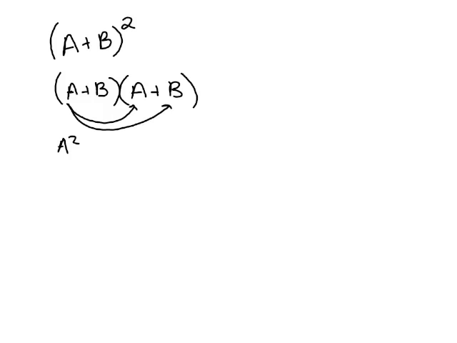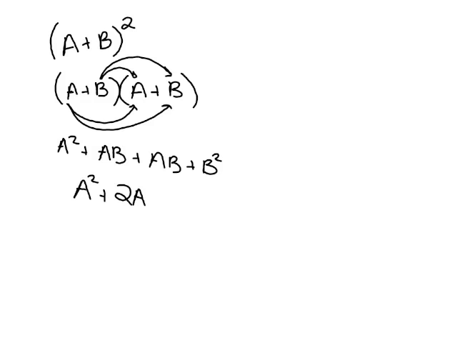A times b, ab. And then a times b, ba, again ab. And then b times b, b squared. Then combine my like terms: a squared plus 2ab plus b squared.